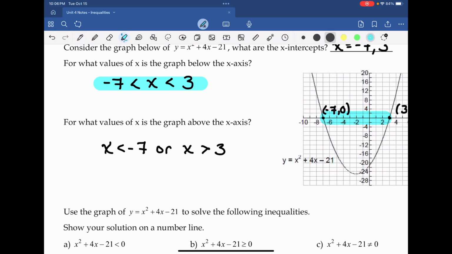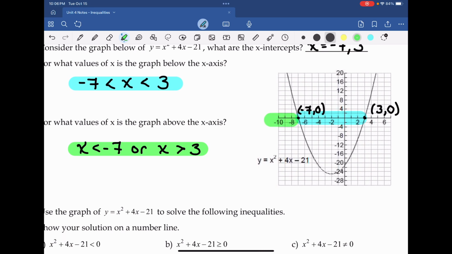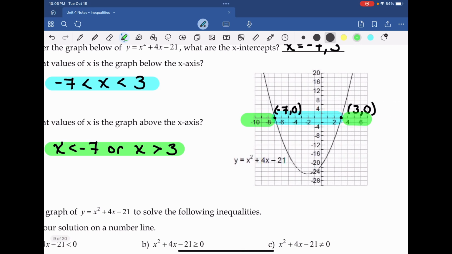I'm going to use green to shade this part. I'll color this side green, and then I'll color the opposite side green, because any x value on the left or right represents where the graph is above the x-axis. And we can draw the x-axis right here using a solid red line. The graph is above when we go left and right, and it is below when we're between those x-intercepts.